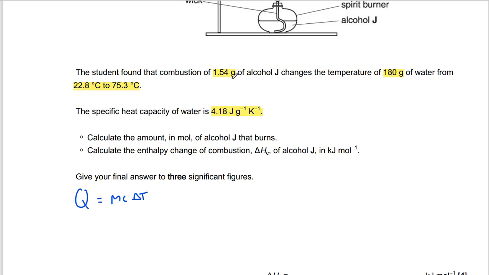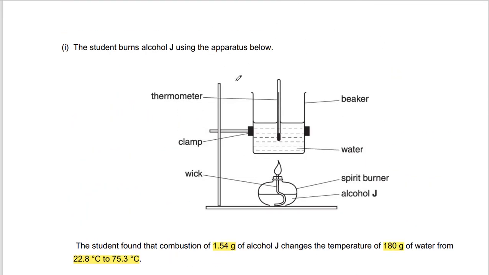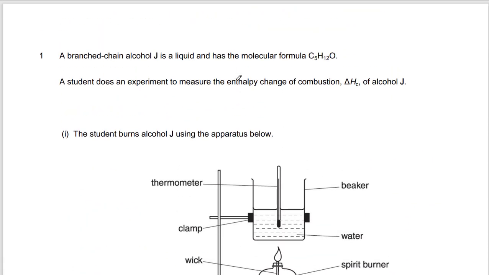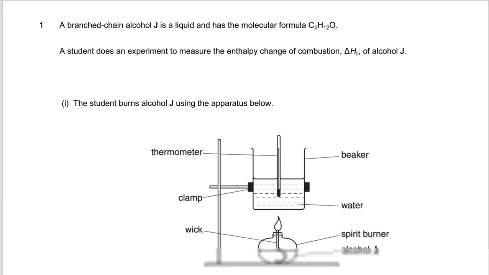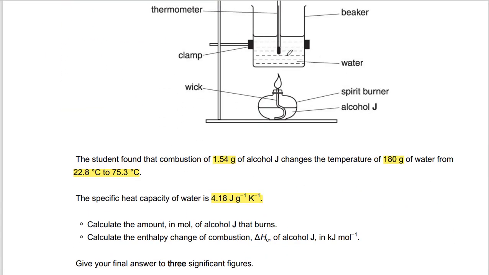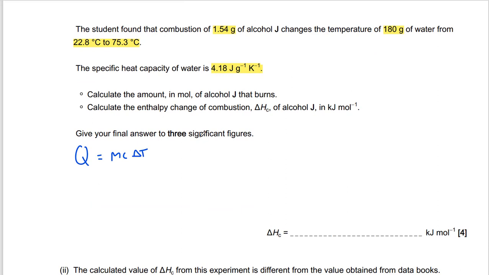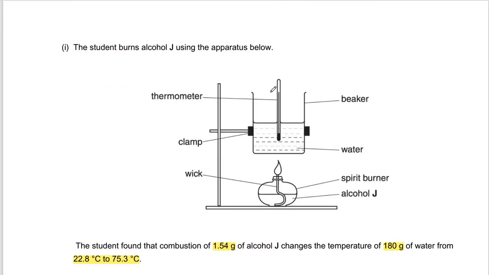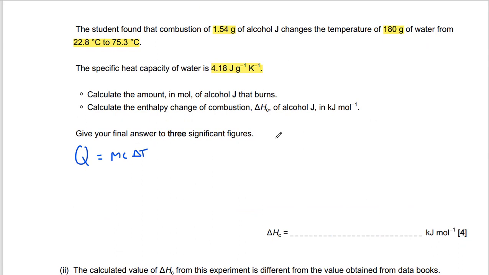We need to work out how many moles of alcohol burn later on. We're not interested in anything else. The water is the part that you need to put in Q equals mc delta T. An easy way to remember it: the M in Q equals mc delta T is whatever you put your thermometer in. I'm putting the thermometer in the water, therefore I need to use 180.